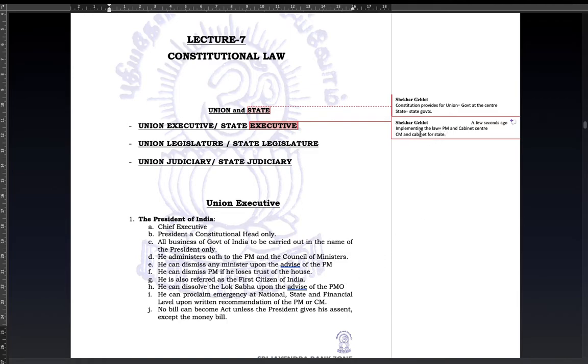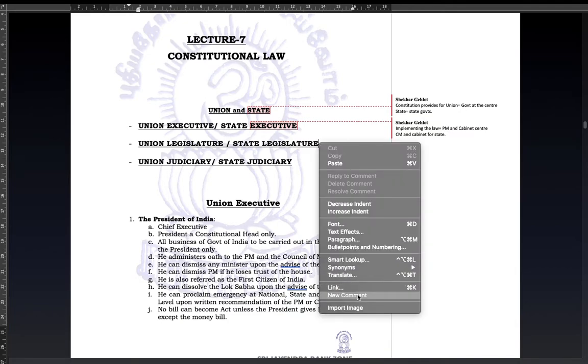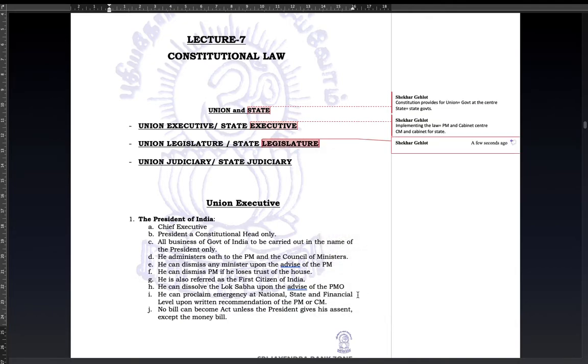This is our state executive, this is our central executive. Then we'll discuss the union legislature and state legislature. The legislature, as we have already discussed, is the law making body. For the center, the law making body is the Parliament of India. For the state, the law making body is the state legislature.